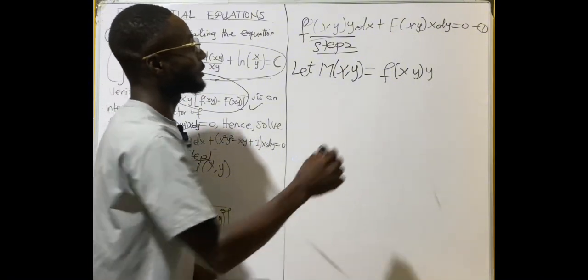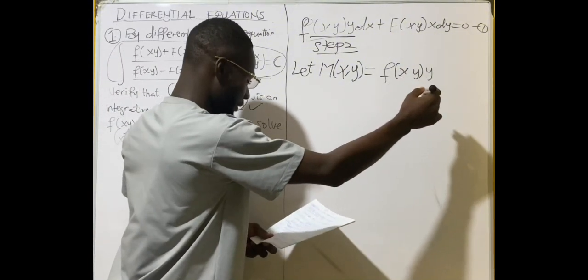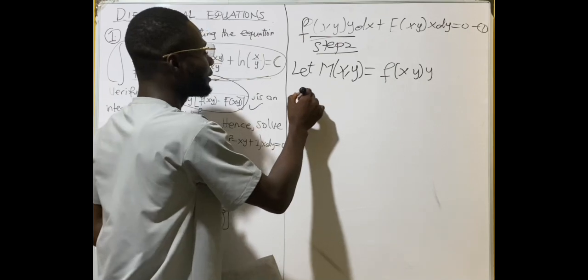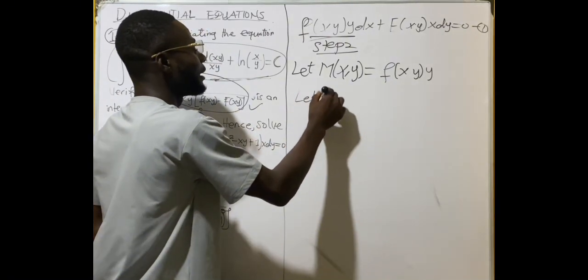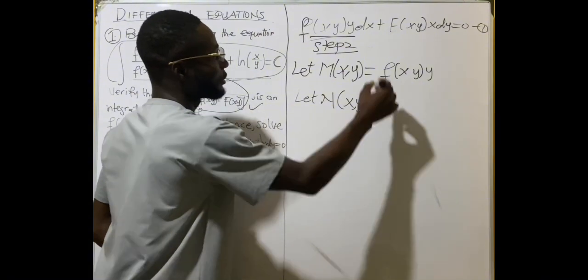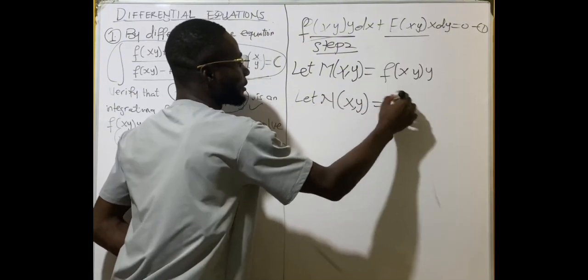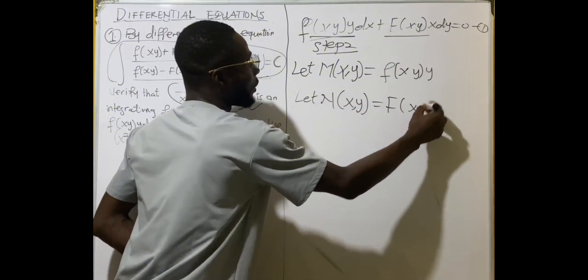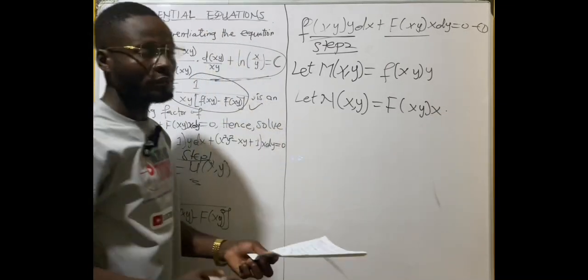F of x y times y, and then let N of x, y equal big F of x y times x, right?